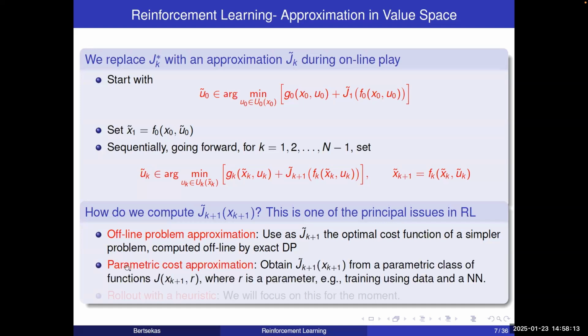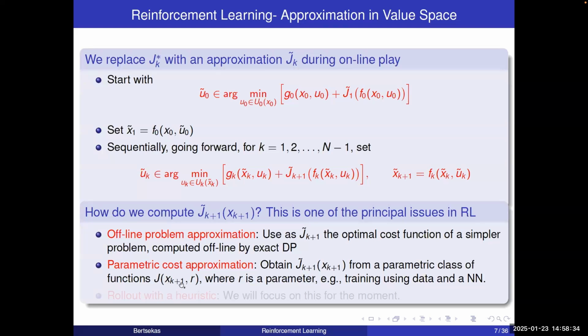Another possibility, use neural networks, or more generally, some approximation from a parametric class of functions, where R is the parameter. In other words, we have J star that we don't know. We want to obtain an approximation.